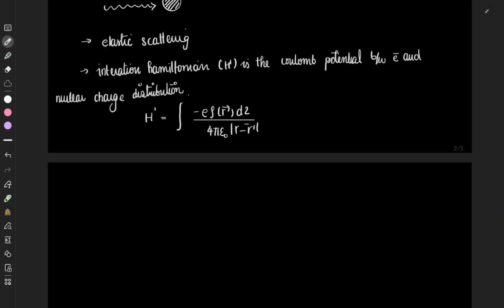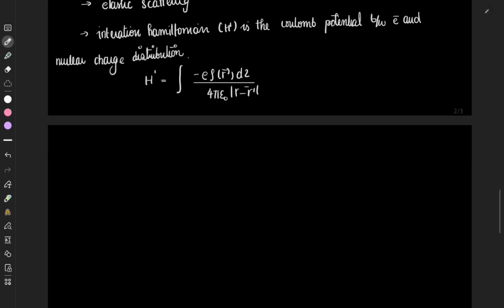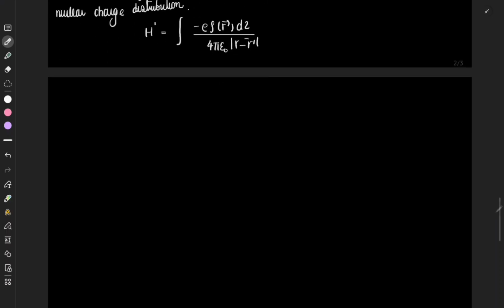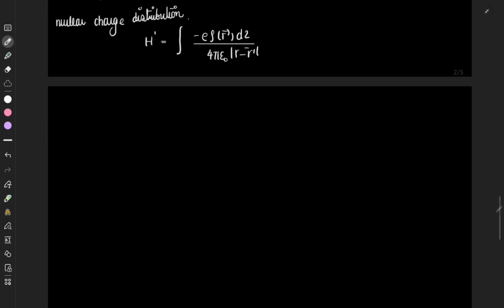The electron interacts with the entire nucleus and its energy comes from adding the effect of every tiny bit of the charge inside the nucleus. That's the reason why we are taking the H prime Hamiltonian, and the probability is the magnitude square of the expectation of psi i, H prime, psi f. You will get the probability.